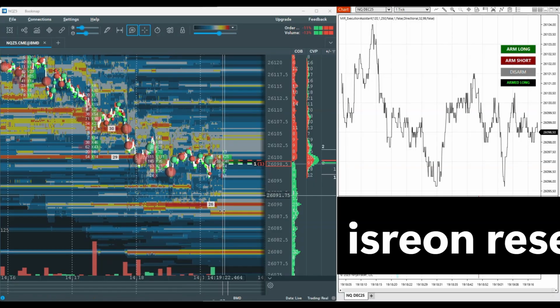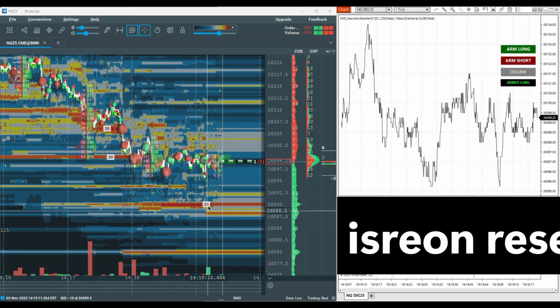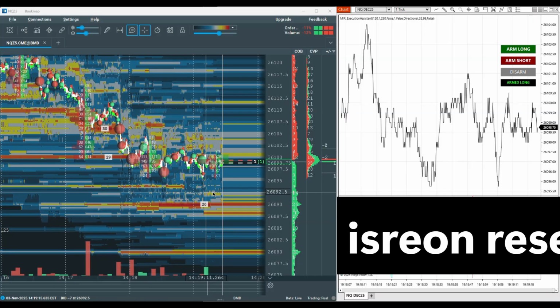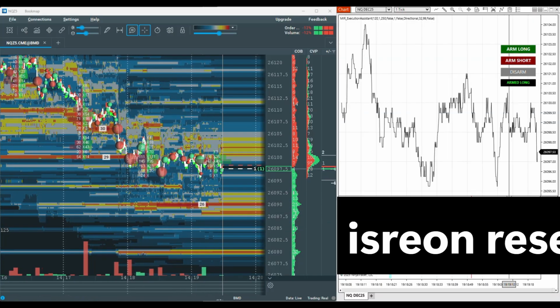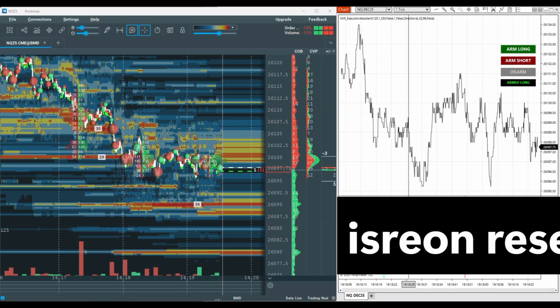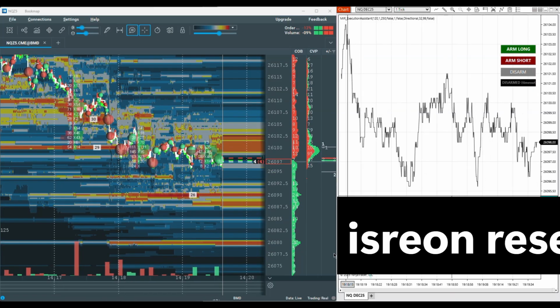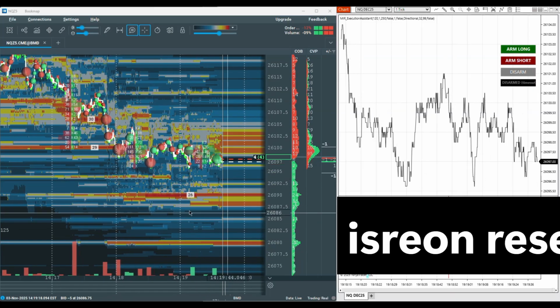So if we get there, it doesn't necessarily mean we are going to bounce, but if it is going to hold, the data processing engine and the algorithm that runs within it will be able to predict with a very high probability that a level will hold or not.